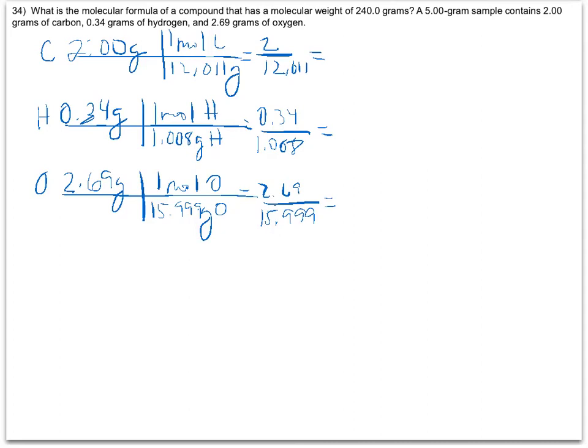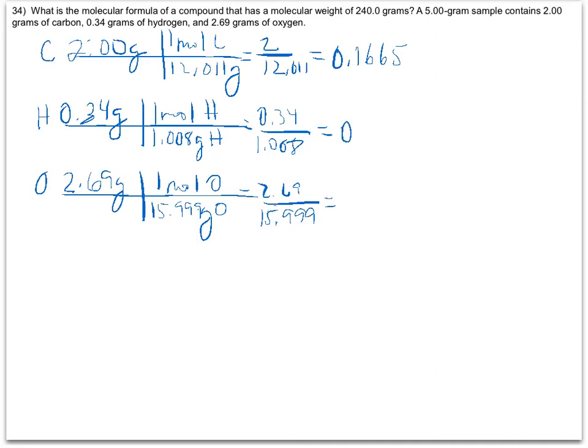Alright, so if we divide each of those out, 2 divided by 12.011 is 0.1665, and we're just going to take that out a few places past the decimal to make sure that we don't have any error.